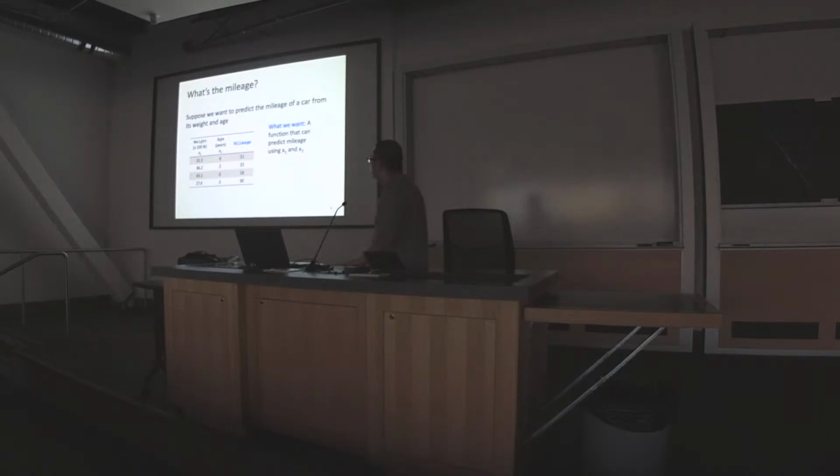So here is our example. Suppose we want to predict the mileage of a car from its weight and age. And suppose we have collected a bunch of data points. So car 1, its weight x1 is 31.5 times 100 pounds. Of course, the car cannot be 31.5 pounds. And you have driven for 6 years, and the mileage is 21.